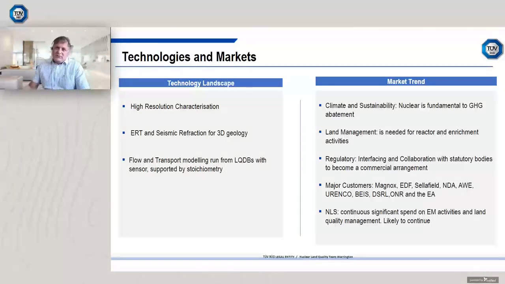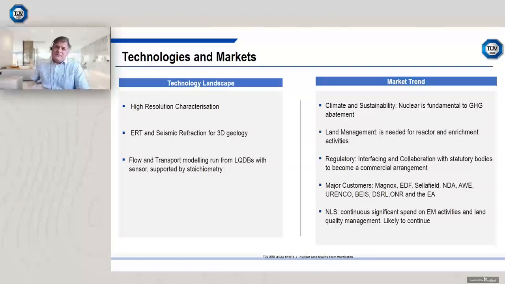We're also looking at other techniques like NMRs, different types of resistivity tomography, and seismic refraction for building the 3D geological model. These techniques can be time consuming to organize, particularly on nuclear sites which need very specific approvals.